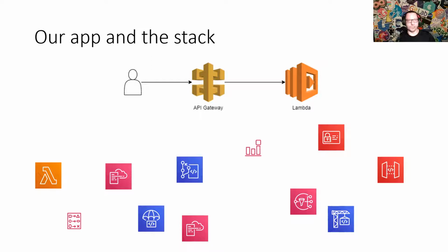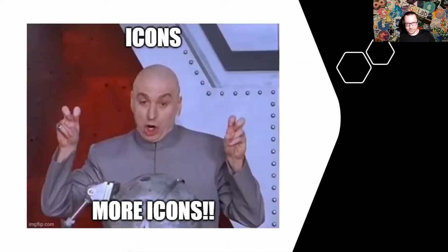We will also use, obviously, as we are talking about AWS, IAM roles and policies in order to allow our pipeline to create needed resources. And we will use an S3 bucket where our Lambda function code will be stored temporarily during the deployment. If you think that is enough of icons and things, then I have bad news for you. It's not. We will have more icons here.